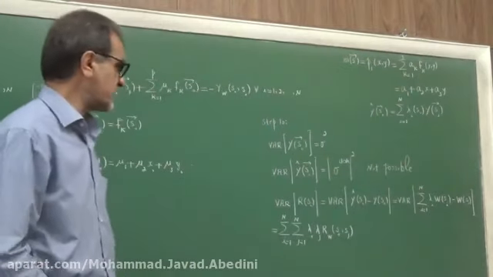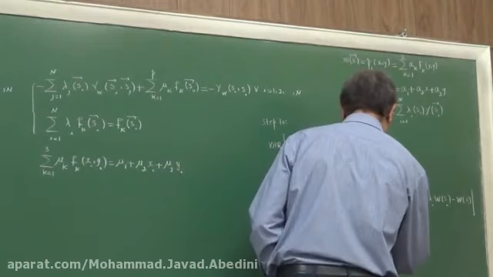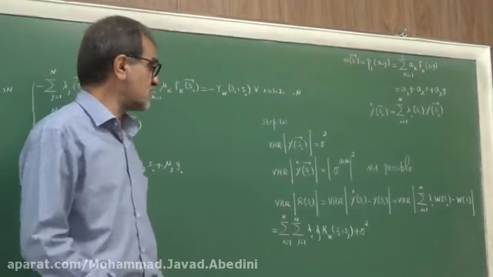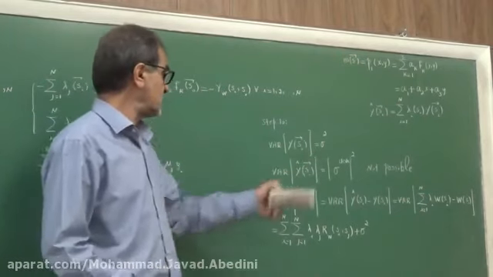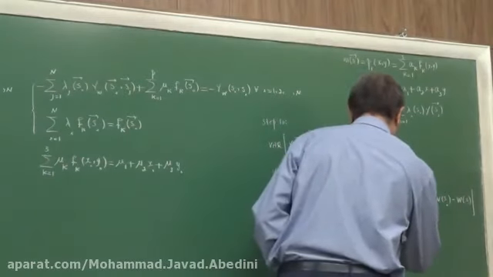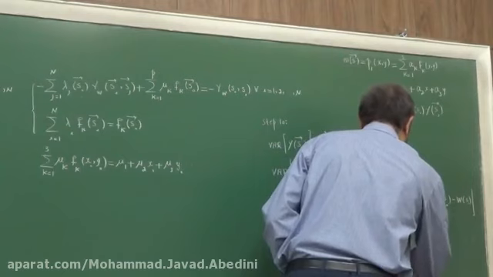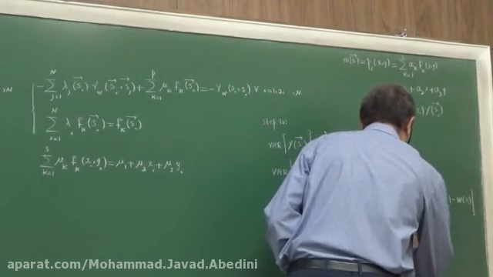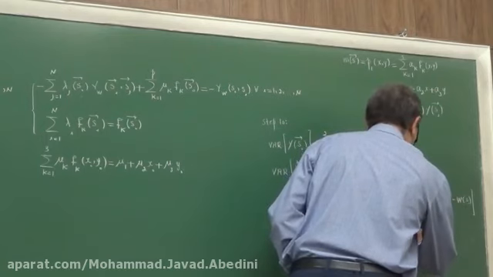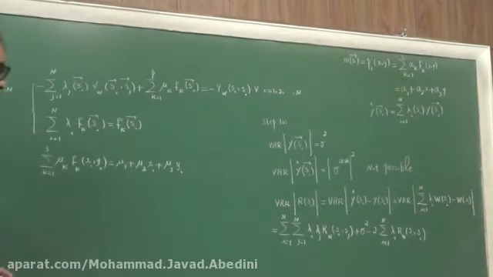This is the variance of the first term, plus sigma squared, the variance of W, which is again the variance of y, minus 2 times summation i from 1 to n lambda i r of W S0 Si. And then you can simplify this.